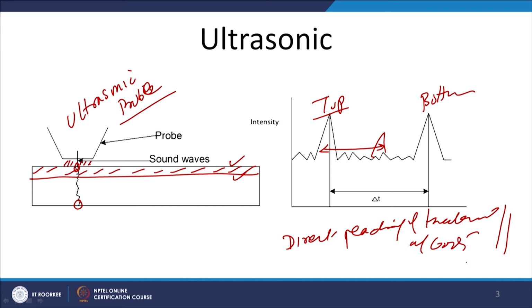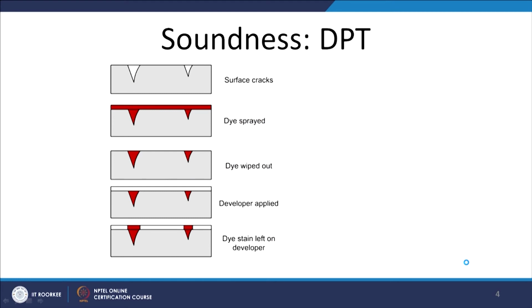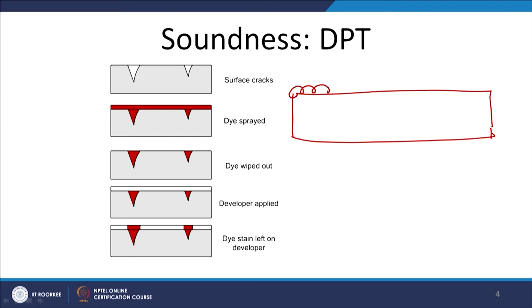So, after the thickness measurement, now we have to see whether the modification that has been carried out at the surface of the substrate is perfect, or whether the modified zone which is formed is sound or not.